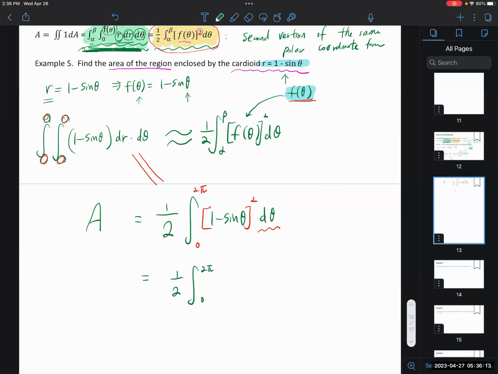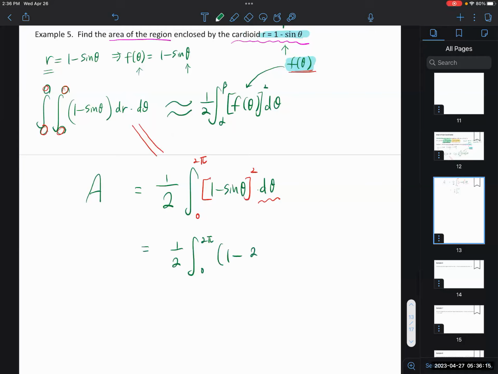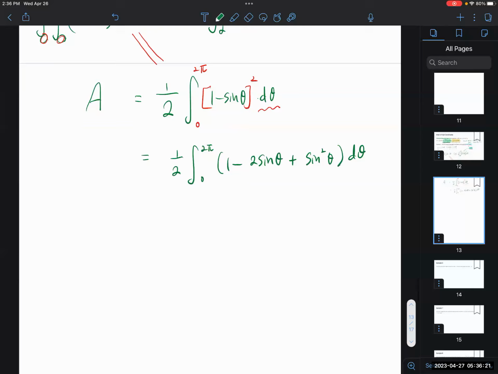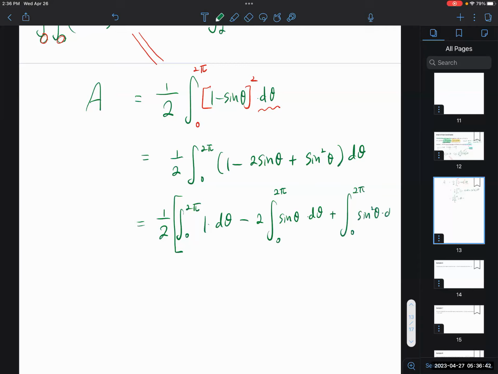So we're going to get the answer simply as 1/2, 0 to pi. I'm going to expand it: 1 minus 2 sine theta plus sine squared theta d theta. And then 1/2, 0 to pi. I'm going to separate it: 1 d theta, minus 2 sine theta d theta, plus 0 to pi sine squared theta d theta.